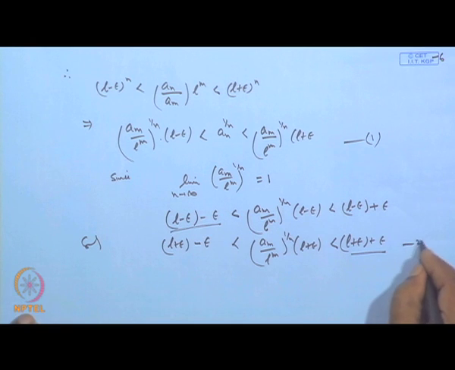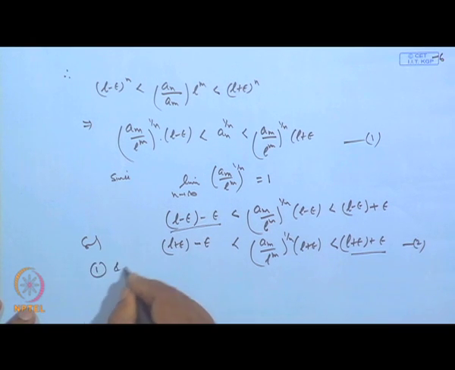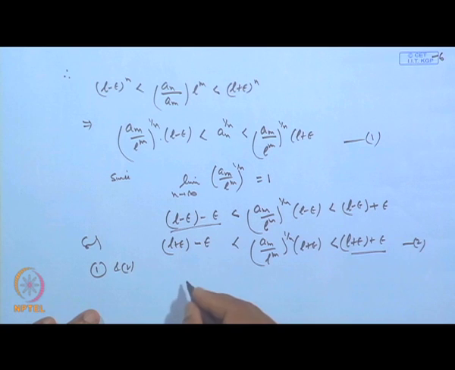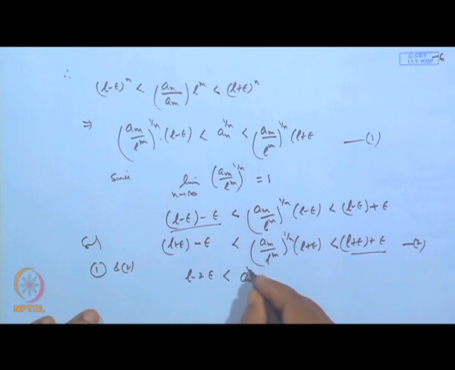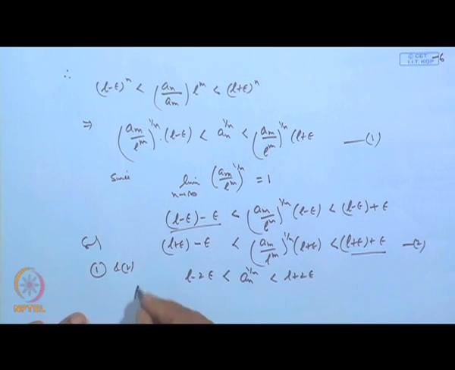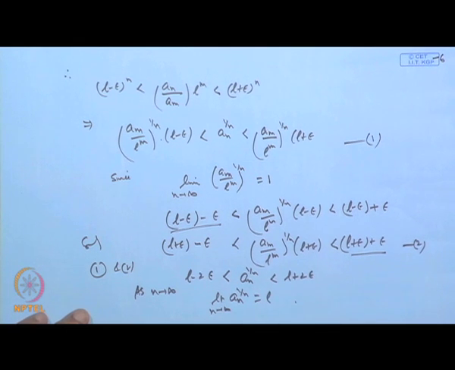If we combine 1 and 2, we get L minus 2 epsilon L is less than a_n to the power 1 by n, which is less than L plus 2 epsilon L. So as n tends to infinity, the limit of a_n to the power 1 by n is nothing but L, and this proves the result.